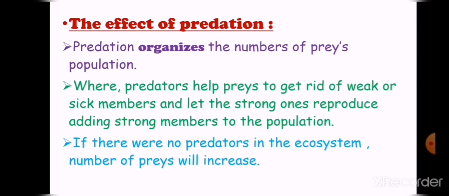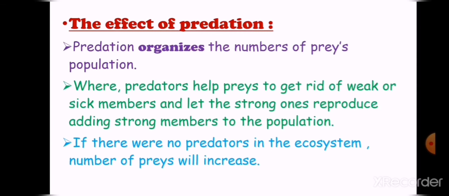Predators help the prey to get rid of weak or sick members. The predators prey on the weak and sick members and let the strong ones reproduce, adding strong members to the population.